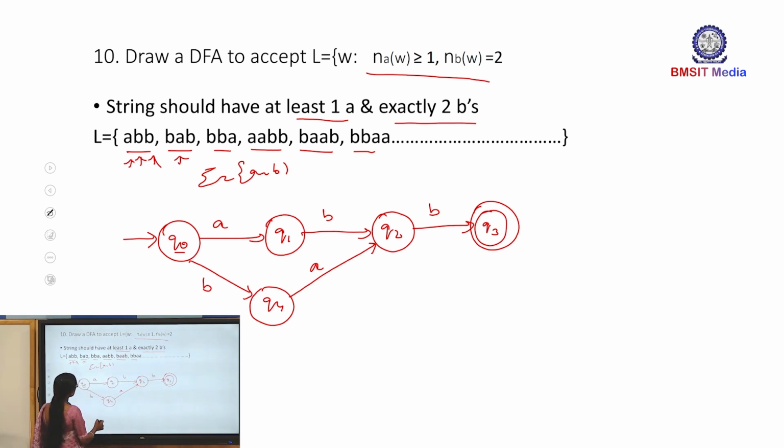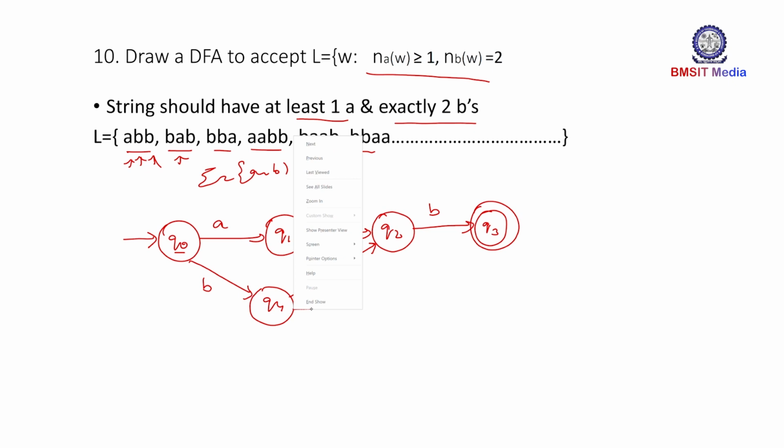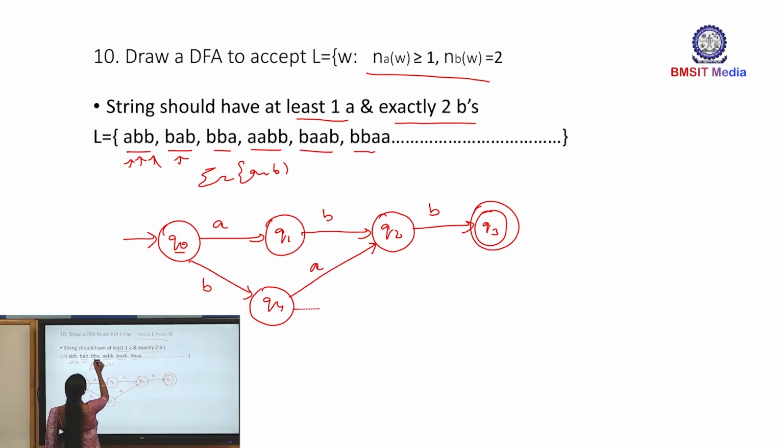Now you can also see that I have one more condition where BBA should be satisfied. I start with Q0, on accepting a B we come to Q4, and then the next condition is that it should satisfy BBA.